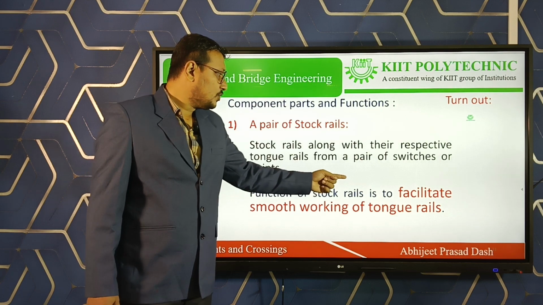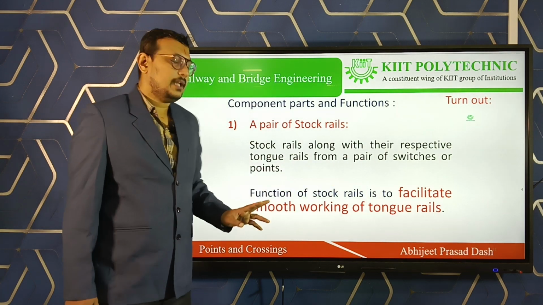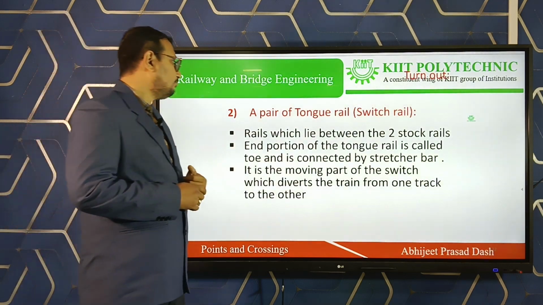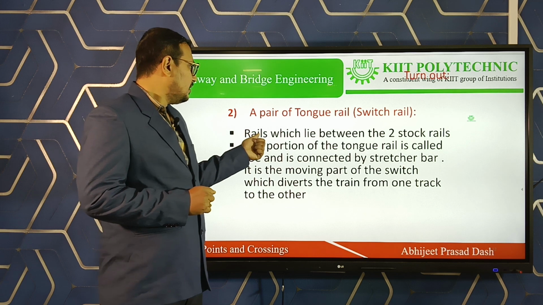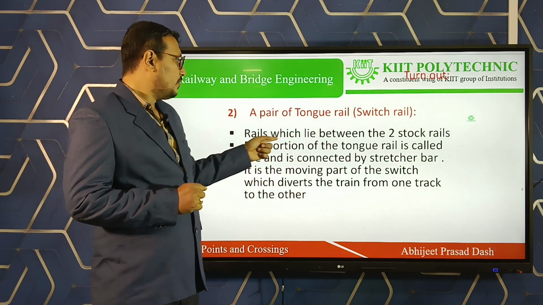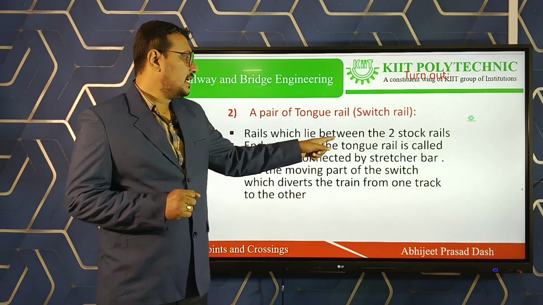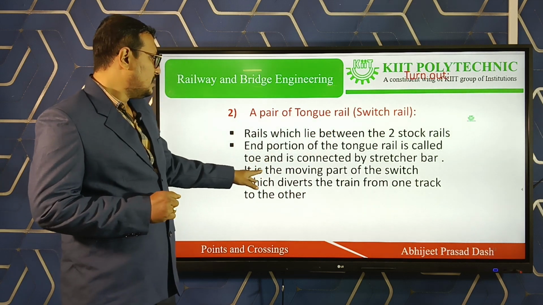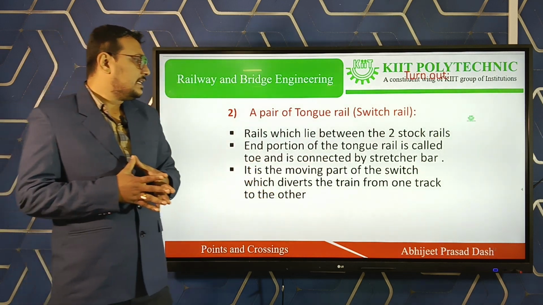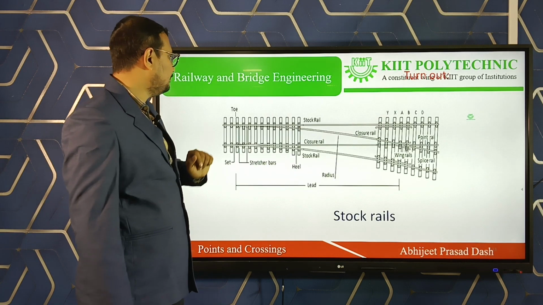Function of stock rails is to facilitate smooth working of tongue rails. A pair of tongue rails or switch rail, the rails which lie between the two stock rails. End portion of the tongue rail is called toe and is connected by stretcher bar. It is the moving part of the switch which diverts the train from one track to the other track.